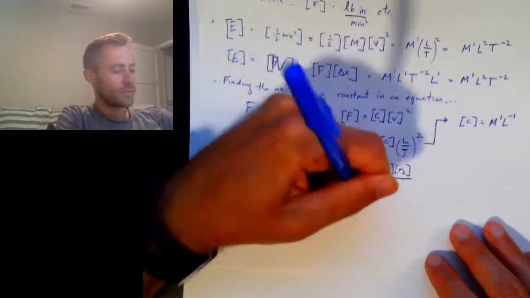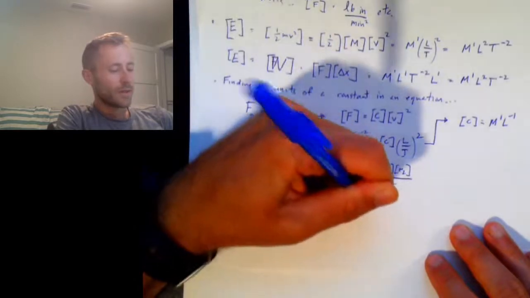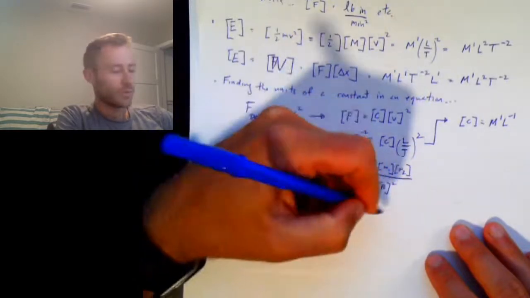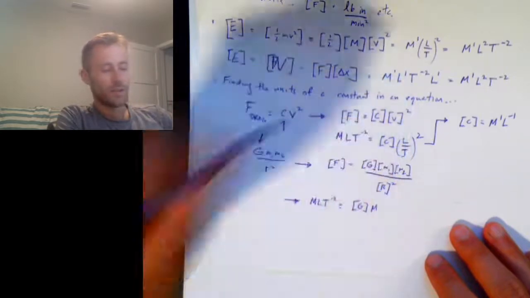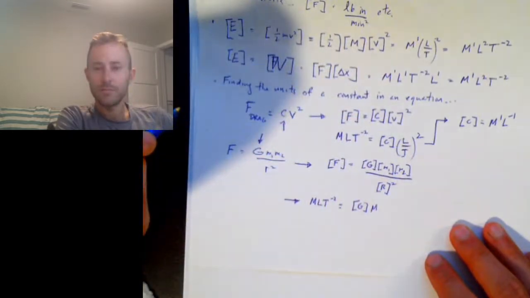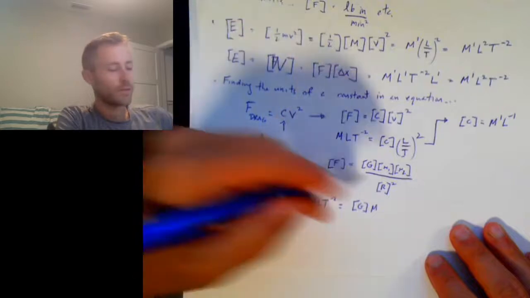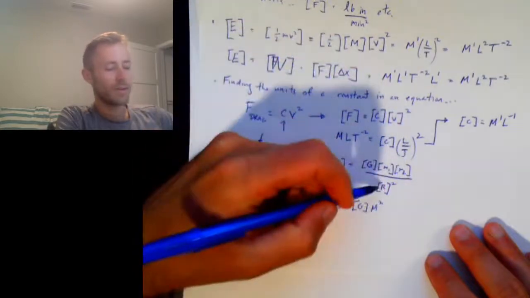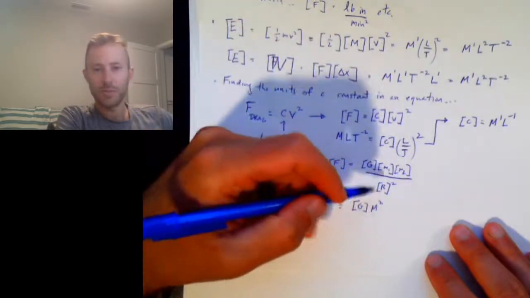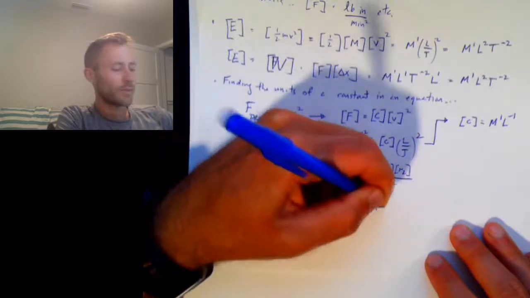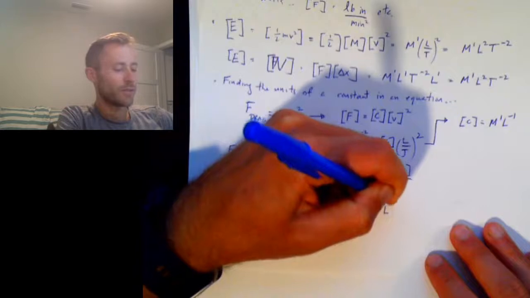On the right-hand side, I have units of G, and then I have units of m1, which is just going to be mass, and then I have another unit of mass, right? So that's going to be m squared. And then r is a measure of distance, and it's in the denominator and it's squared, so I have L to the negative 2.